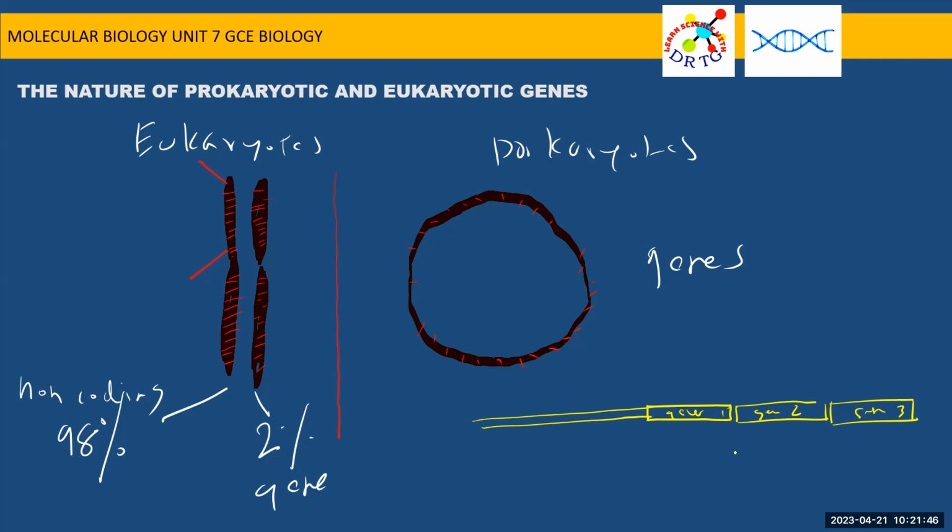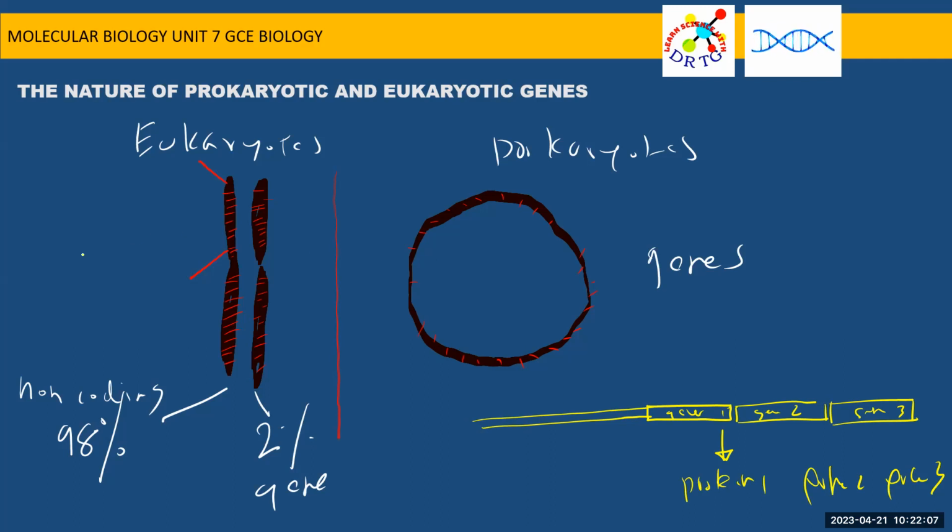So these 3 genes at the same time are going to form proteins: protein 1, protein 2, protein 3.